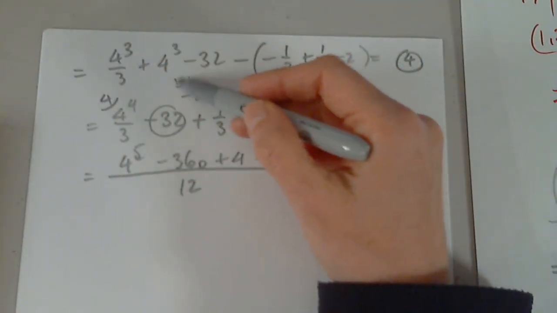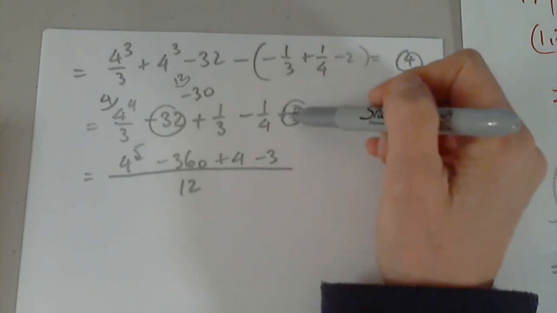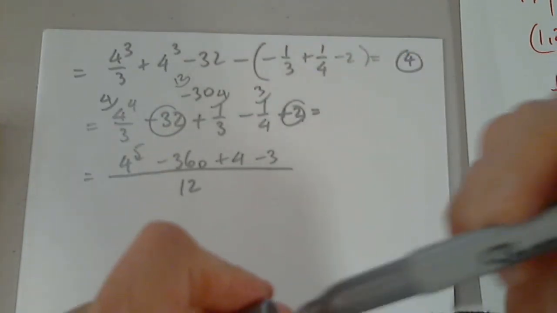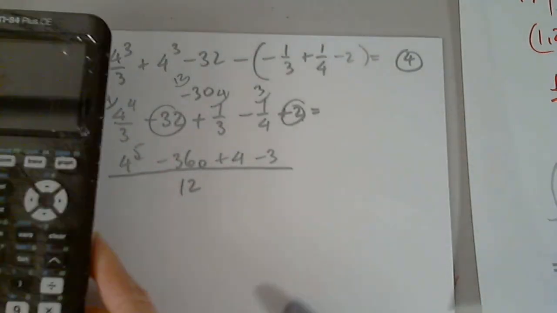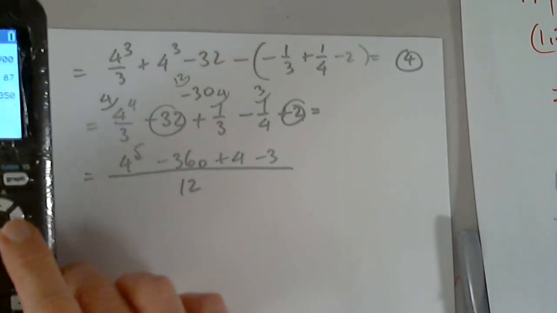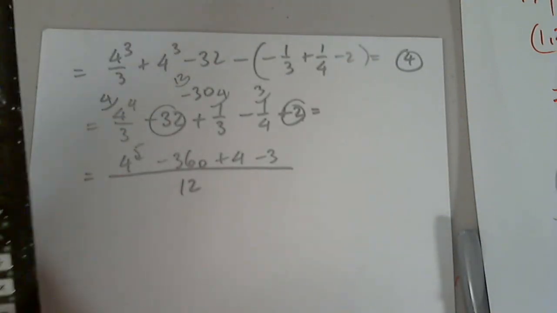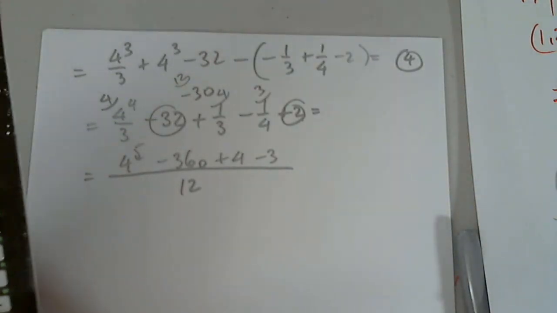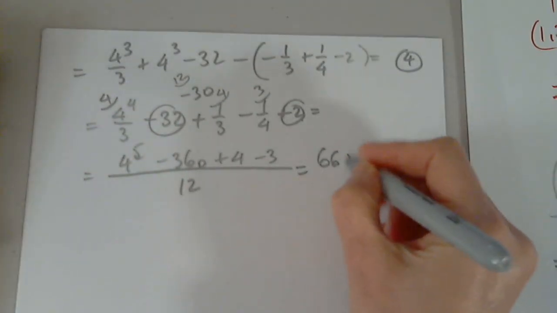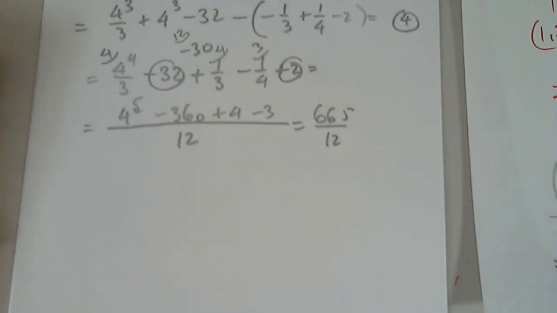I multiplied this by 12 because I took care of 2. I multiplied this by 4, I multiplied this by 3. So 4 to the fifth minus 360 and plus 1. 665 over 12. Is that okay?